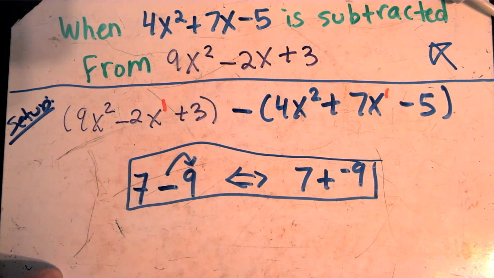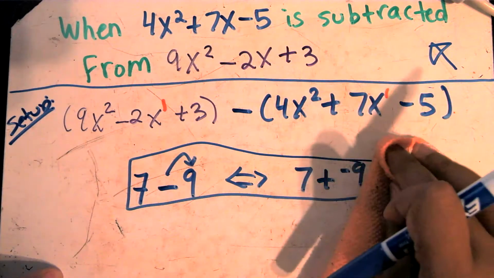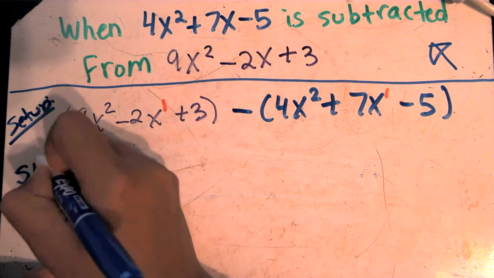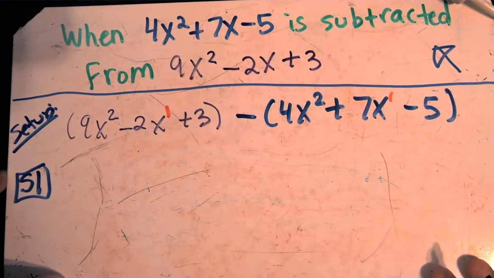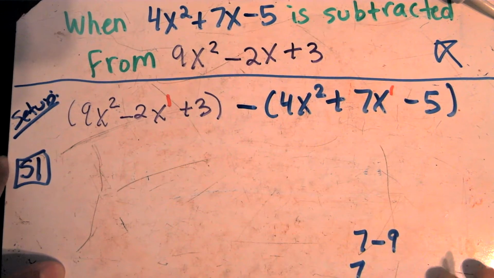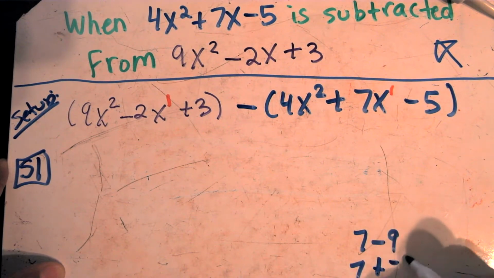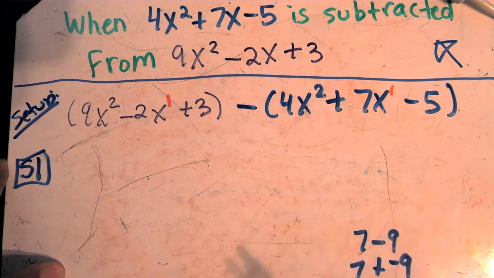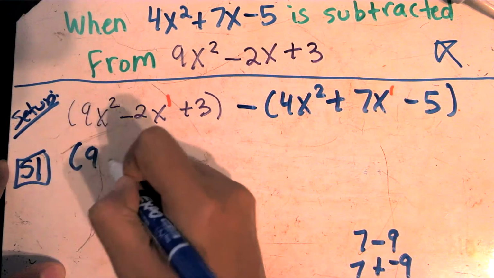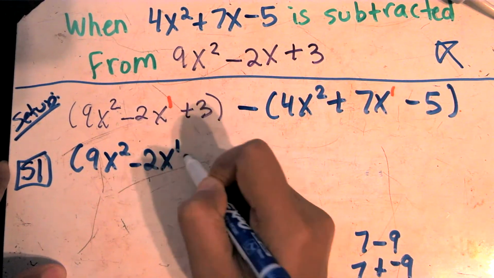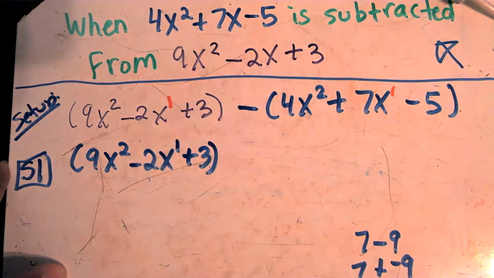So that's what we do here for step 1. S1 for step 1. Now just like when we converted 7 minus 9 to be the same as 7 plus negative 9, the first number that you're starting with doesn't change. So the polynomial that is written down first doesn't change.